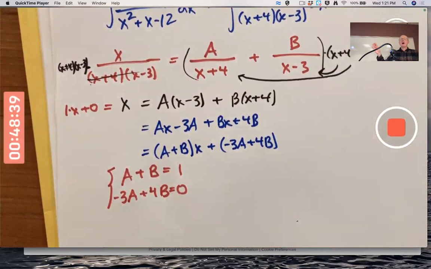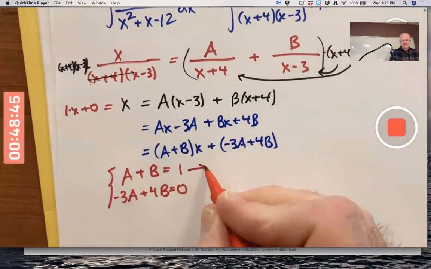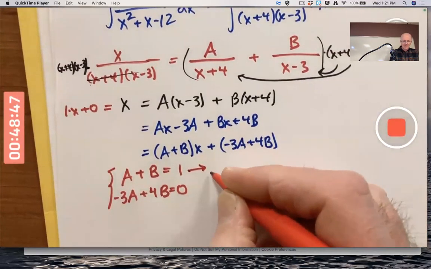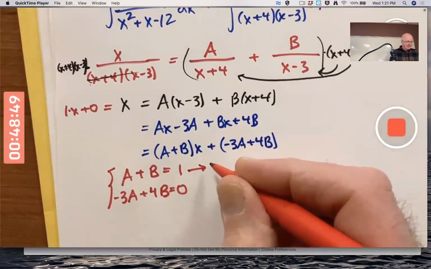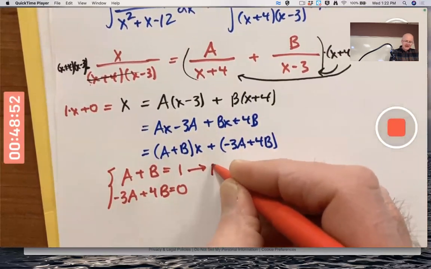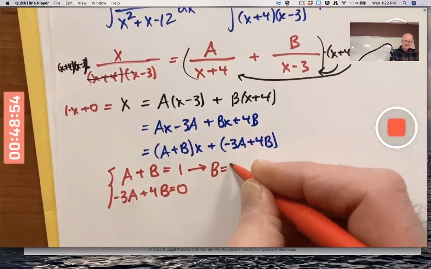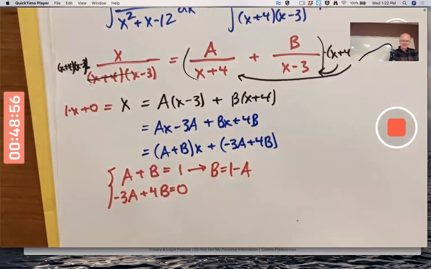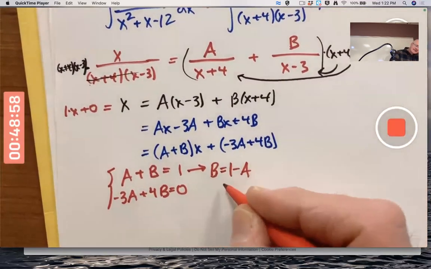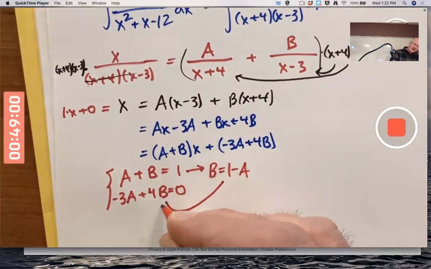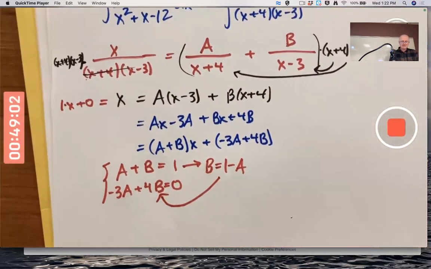If you have no idea what I'm talking about, don't worry about it. What's probably simplest is to, for example, solve this equation for, say, b in terms of a by subtracting a from both sides, then substituting that into the other equation in place of the b.